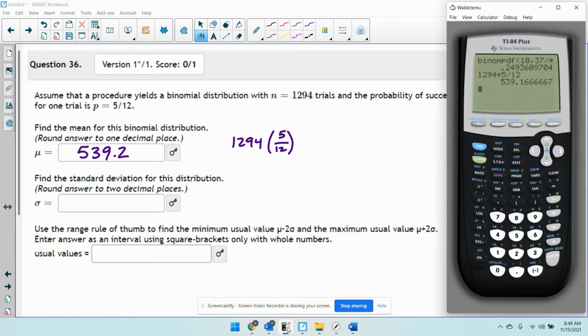Standard deviation, that's the square root of n, 1294, times the success rate, which is 5/12. So I can do parentheses, 5/12. If you want to convert it to a decimal first, you can. And then times q. If p is 5/12, the chance of a failure is the rest, 7/12. Like that. So 17.73.